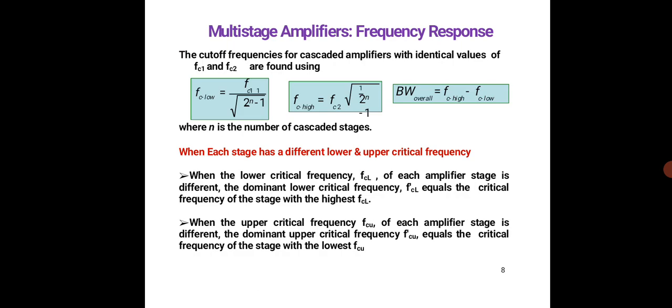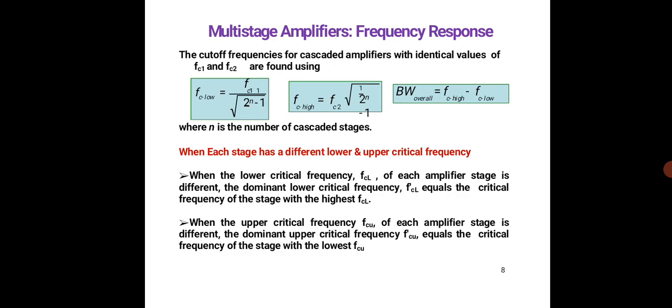Normally the cutoff frequencies for cascaded amplifiers will be identical values. This has identical values of FC1 and FC2, which are found using the lower cutoff frequency, the higher cutoff frequency, and what the bandwidth would be. The n represents, as usual, the number of cascaded stages.